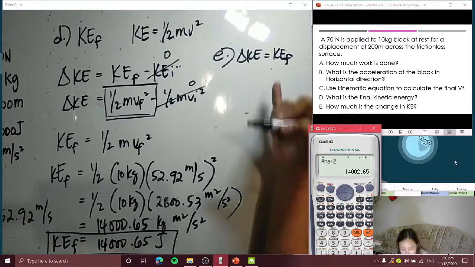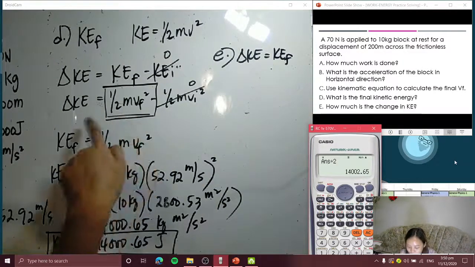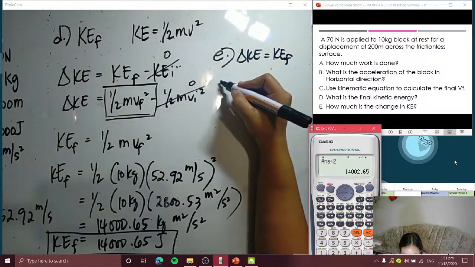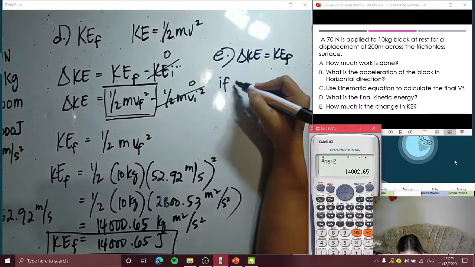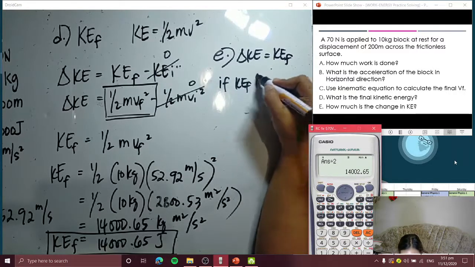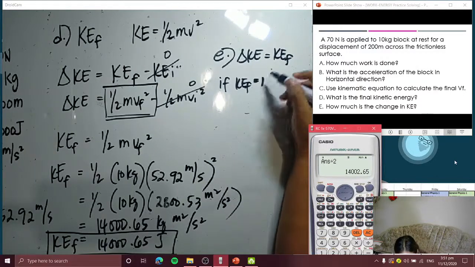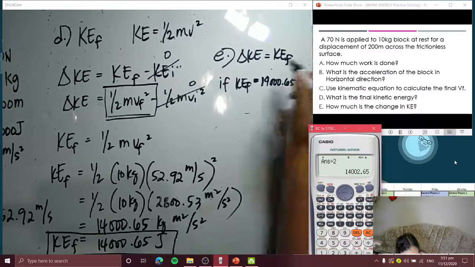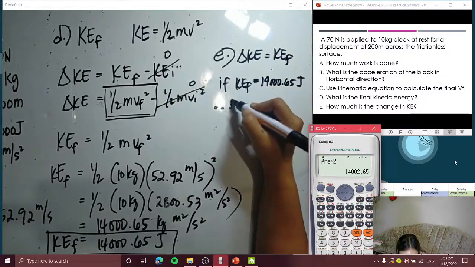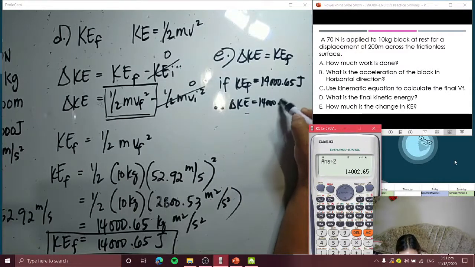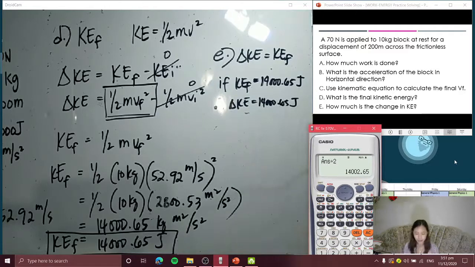Since it's the same, because we used the equation earlier, if KE final is equal to 14,000.65 joules, therefore, change in KE is also equal to 14,000.65 joules. Okay, so this is it for letter E.